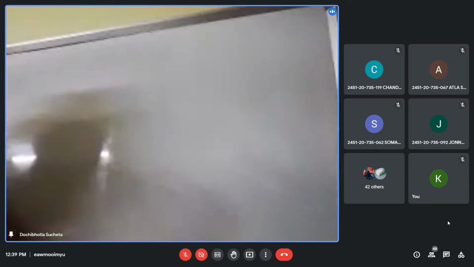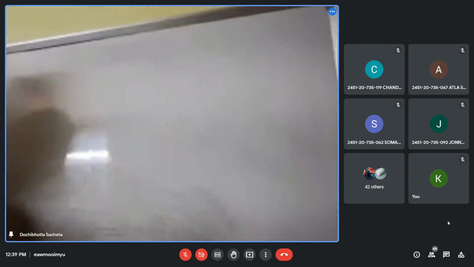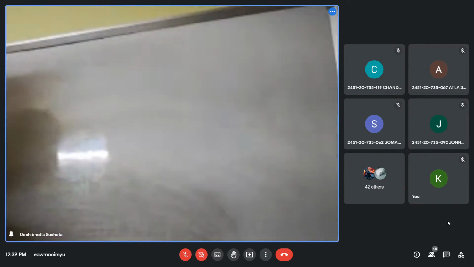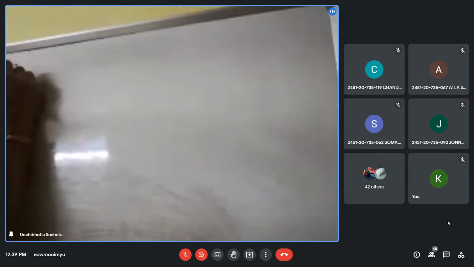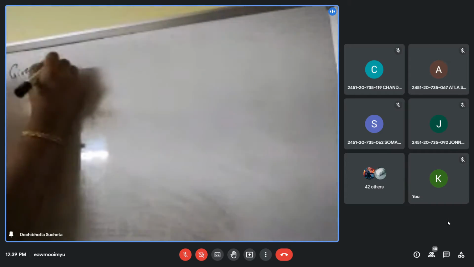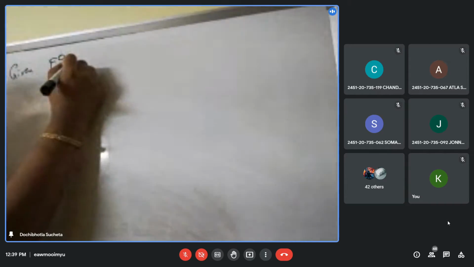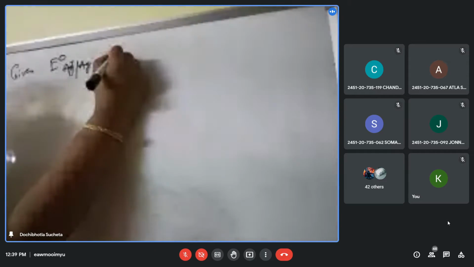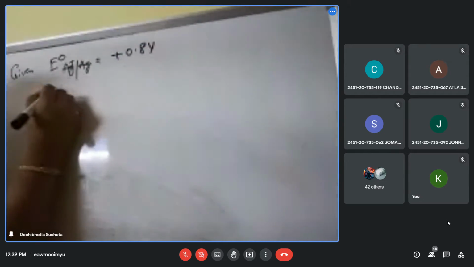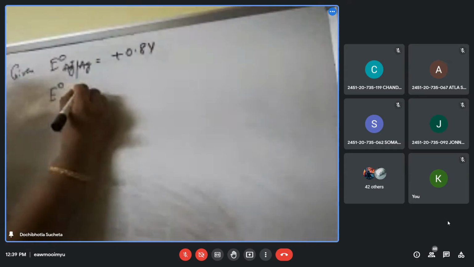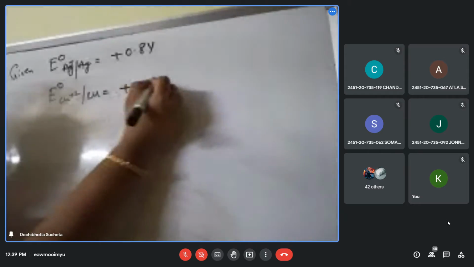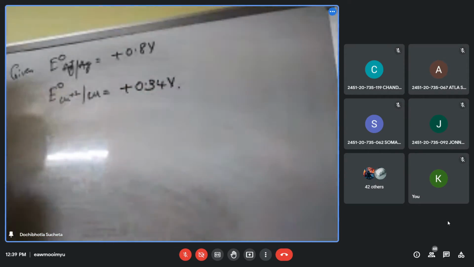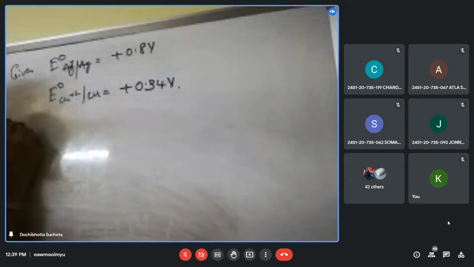Can I combine these two electrodes and bring about a galvanic cell? The second question was given that E naught value of silver electrode is plus 0.8 volts and that of copper is plus 0.34 volts. Now I have to write the cell notation and calculate E cell.